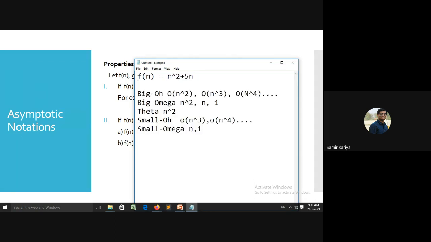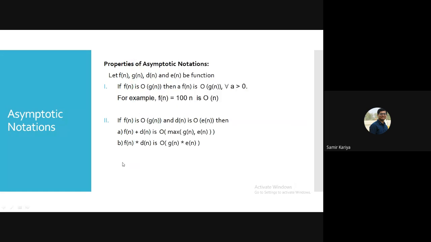Here you just simply assume that n square is first function, 5 into n is another function, second function. We are just simply writing the combined answer, that's a maximum of these two. That's a big O. That is the plus. But if it is multiplication, then simply apply the multiplication.